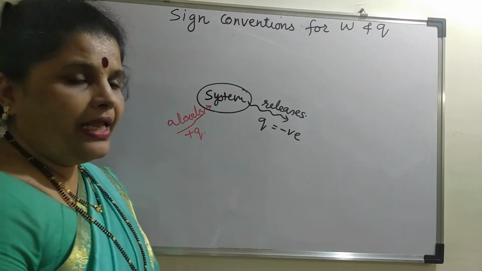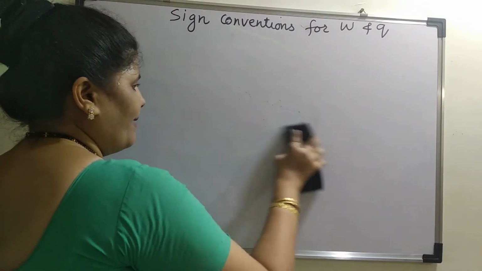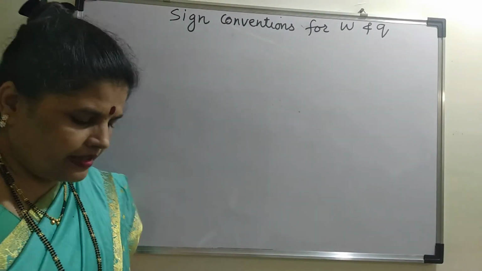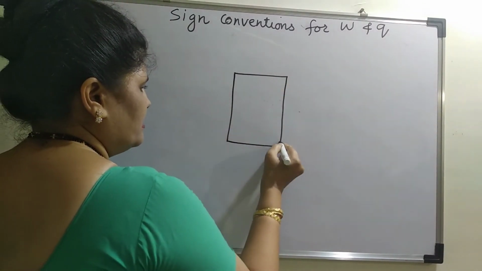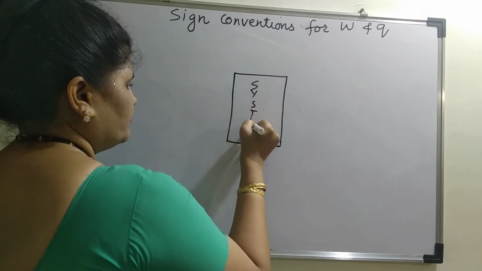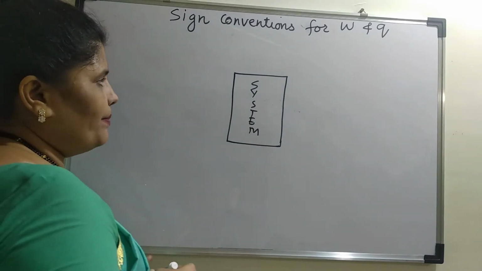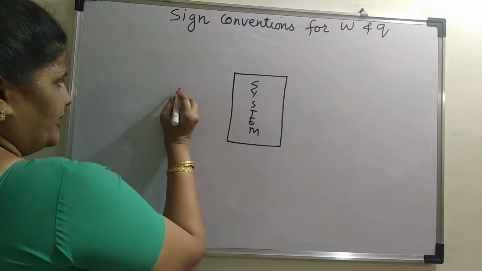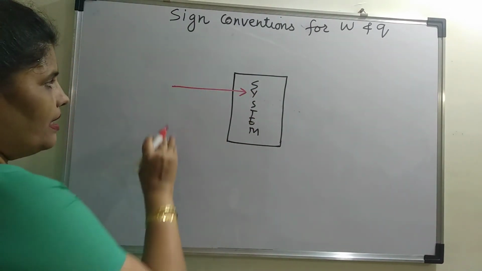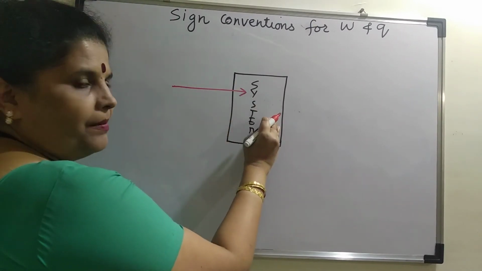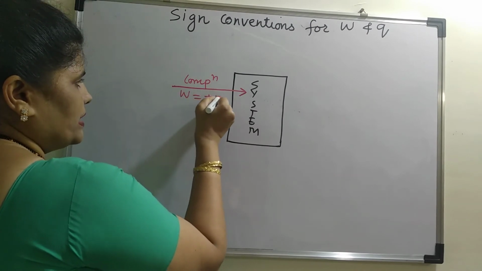So let us see now in all how the sign conventions are written. For that, in short, I am considering any system where the particular reaction is carried out. If I call this the system, the rest of the part here is the surrounding. If the work is done by the surrounding on the system, then it is work due to compression, and here W will be positive.